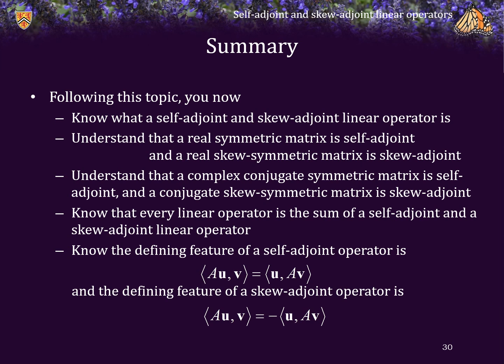You also know that the defining feature of a self-adjoint operator is that given an inner product, you can apply the linear operator either to the first term or the second term, and you get exactly the same result. And the defining feature of a skew-adjoint operator is that if you move the linear operator to the other side of the inner product, you get the negative of the previous result.